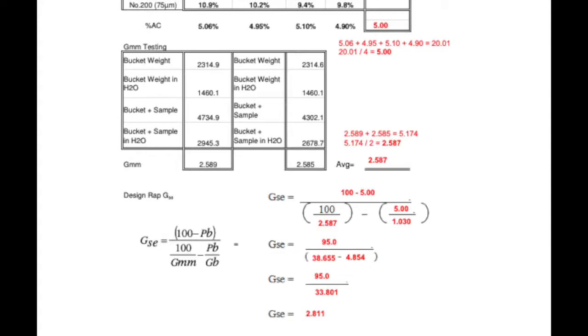You do that calculation, yields us a 38.655. We want to subtract from that our percent binder divided by our binder gravity, which is 5.00 divided by 1.030, which yields us a 4.854. 4.854 from 38.655 gives you a 33.801. You do that calculation, 95 divided by 33.801, and our GSE value that we will use in this mix design is a 2.811.